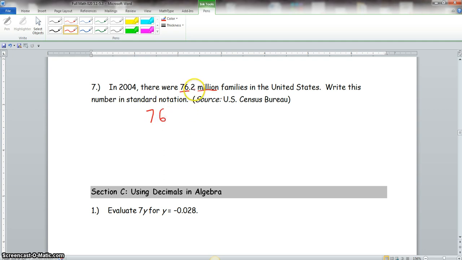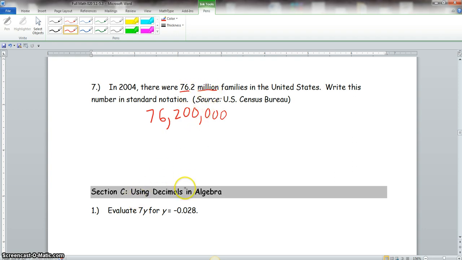Now the 0.2, this 2 here is actually in the hundred thousands place. I could put a comma. So it'll be 2, and then the rest would be zeros. So this is 76,200,000, which is 76.2 million.